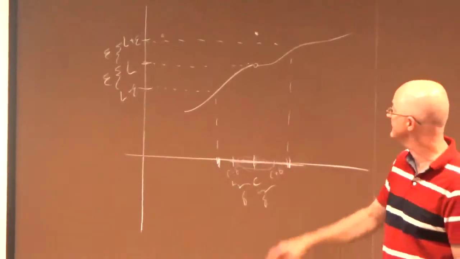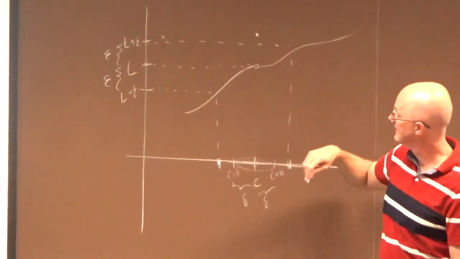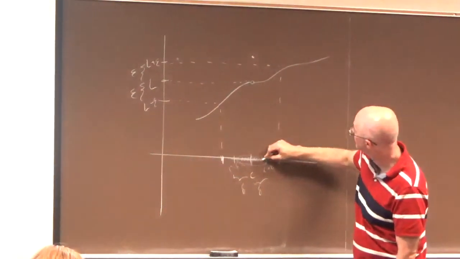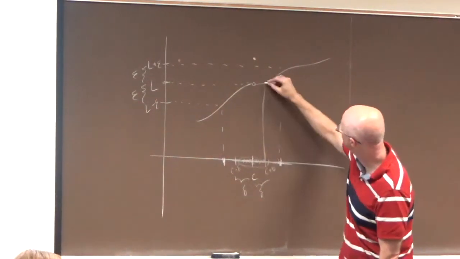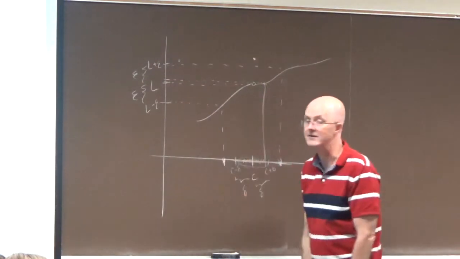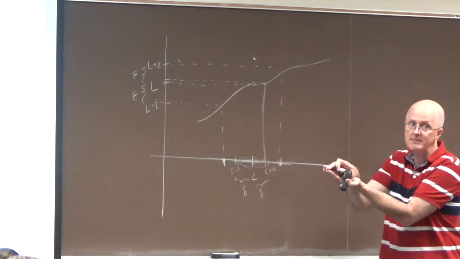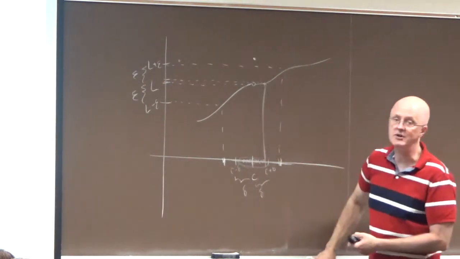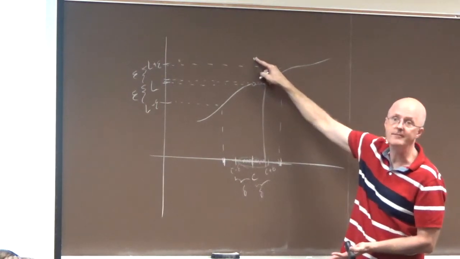Don't pick c because the function value there is further away from L. Pick anything in here except c for x. The output of the function at that value of x will be close to L. It will be within epsilon of L. And if you can do this, no matter how small epsilon is, that's what guarantees that the limit of this function is L, in spite of the fact that f of c is something different.